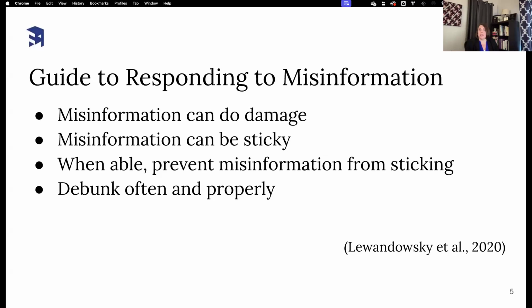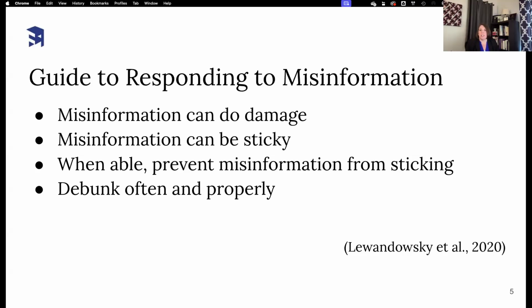So Lewandowski proposes a debunking strategy, which I'll talk about later in the presentation, but we wanted to first introduce you to this idea of responding to misinformation. So here is an explanation for the strategies that we're going to be going over today. The first one is we find that misinformation can do damage.